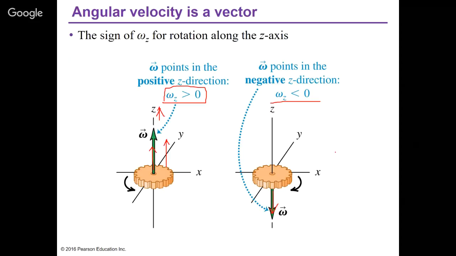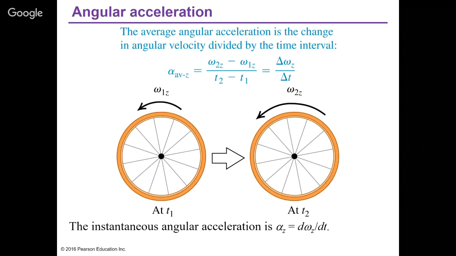So we've talked about angular displacement, and we've talked about angular velocity. We know angular velocity is a vector quantity, and just like when we were talking about linear motions, we have displacement, and the time derivative of the displacement gives you the velocity or the speed.